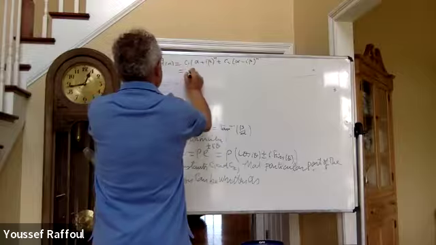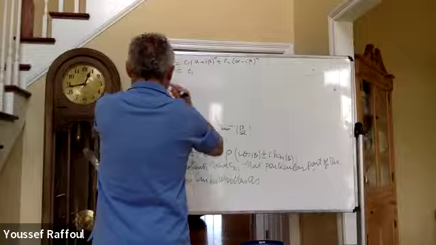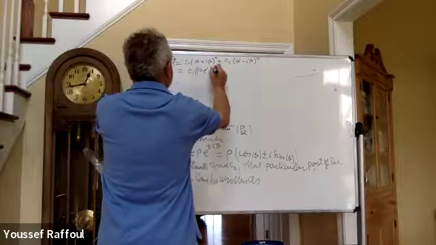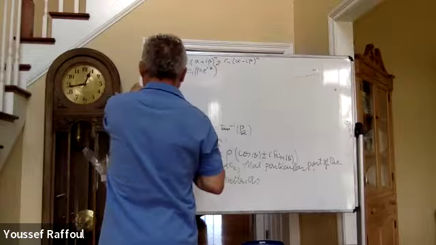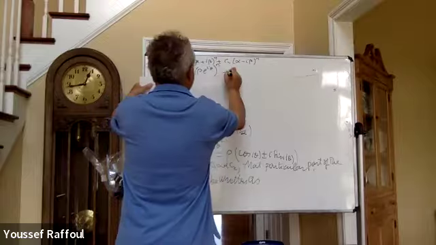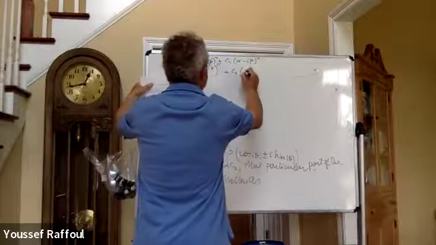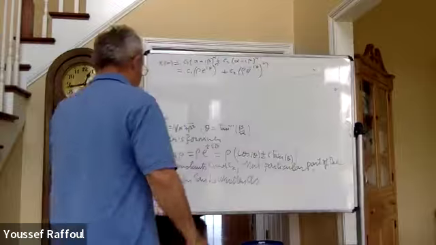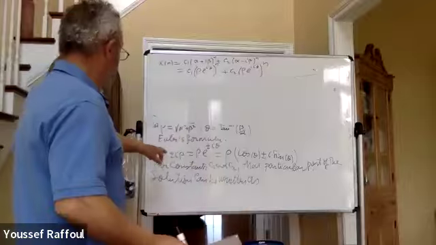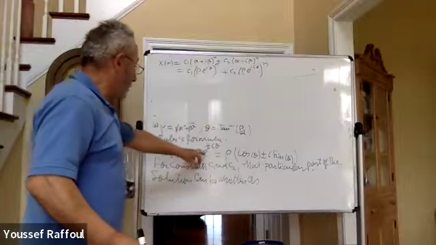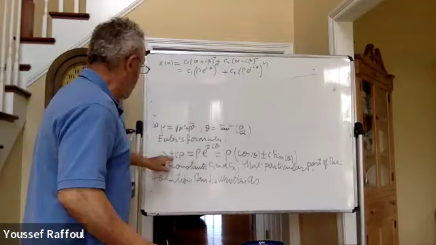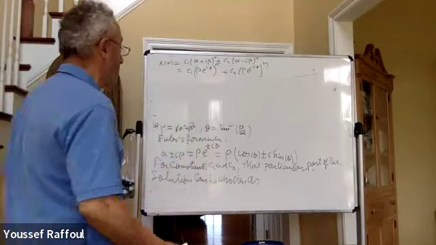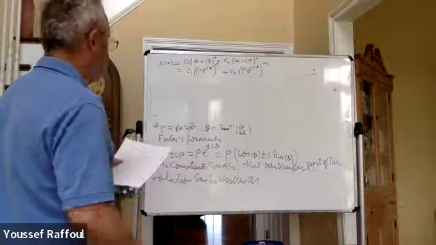And that is C1 (rho e to the i theta) to power n plus C2 (rho e to the minus i theta) to power n. We've already done that. Alpha plus i beta is rho e to the i theta, alpha minus i beta is rho e to the minus i theta. You see that?